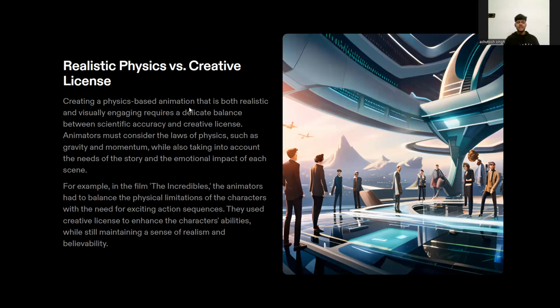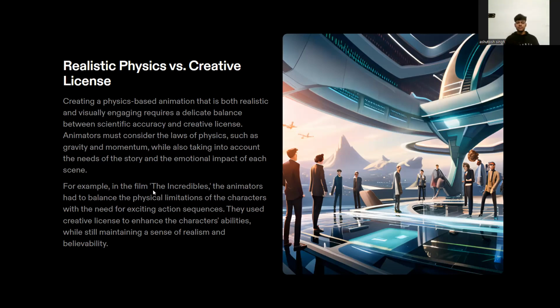Realistic physics versus creative license. Creating a physics based animation that is both realistic and visually engaging requires a delicate balance between scientific accuracy and creative license. Animators must consider the laws of physics such as gravity and momentum, while also taking into account the needs of the story and the emotional impact of each scene.